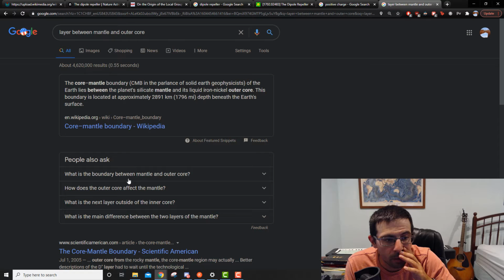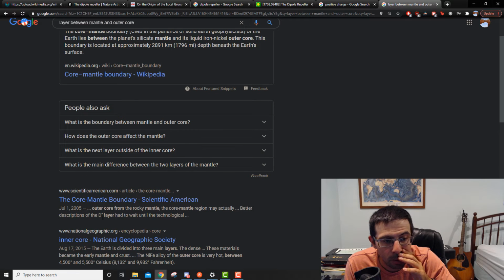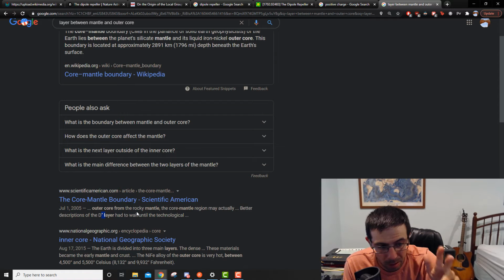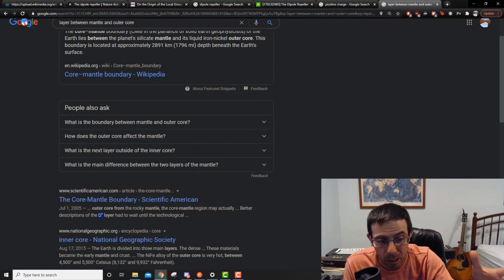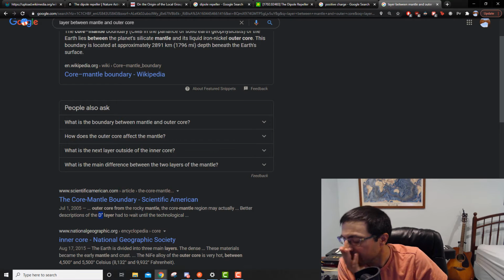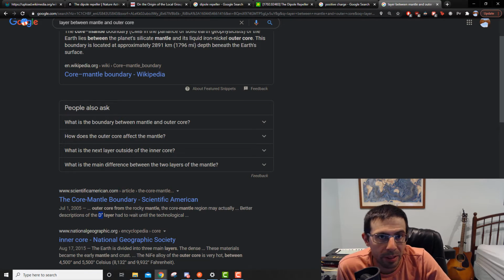It's got a specific name. D double prime. Yes, okay, it is double prime. The D double prime layer is where he was suggesting the mass was being formed. And mind you, this is not at the center. It's basically in the middle between the crust and the center, a midway point.